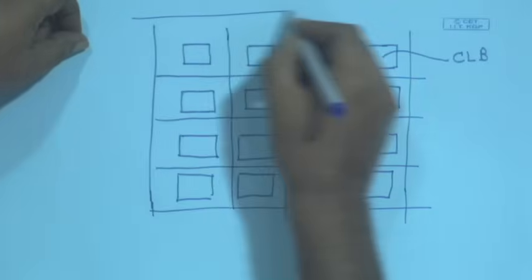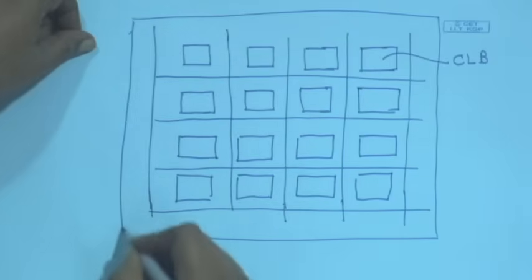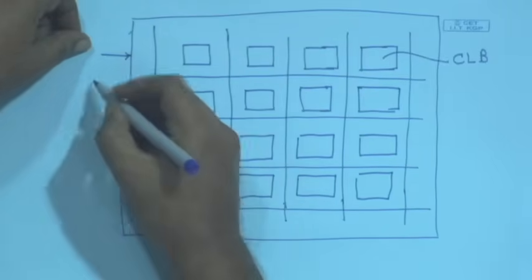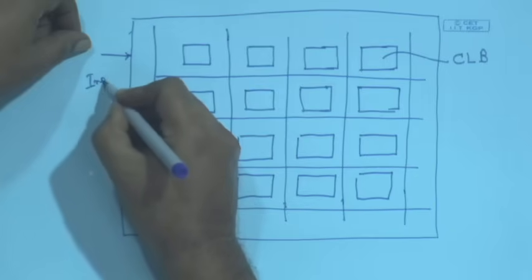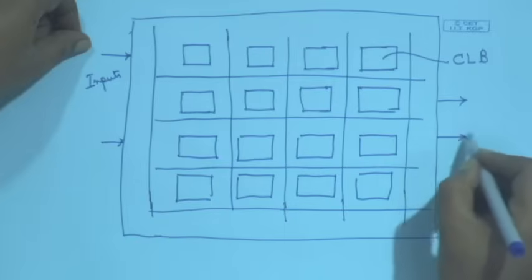Besides that, around this entire chip we will have the inputs. If I just draw a boundary of this, then I will have the inputs coming here, the input ports, the output pins will come out from here.